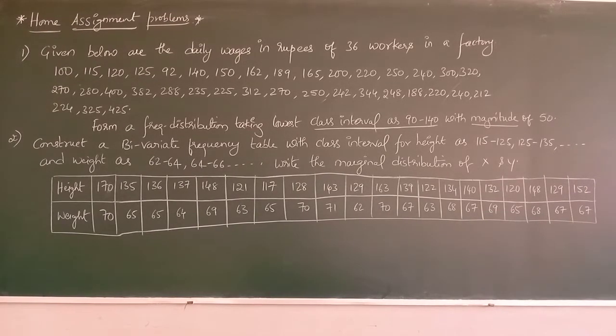The upper limit is not included in the same class. It is excluded and included in the next class, that is called exclusive type. So if any value of 125 is to be tallied, it should not be taken in the first interval 115 to 125. It should be taken in 125 to 135, where 125 is the lower limit.